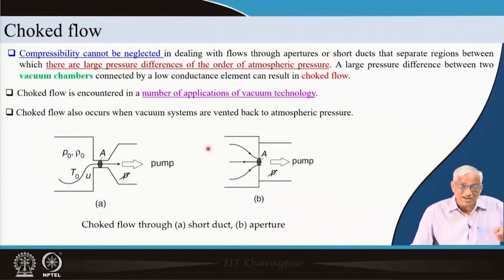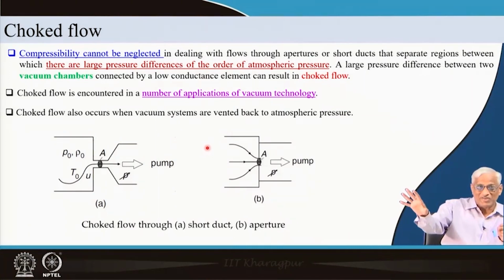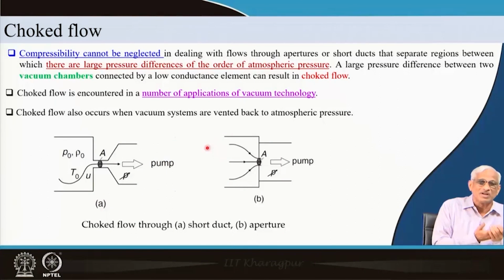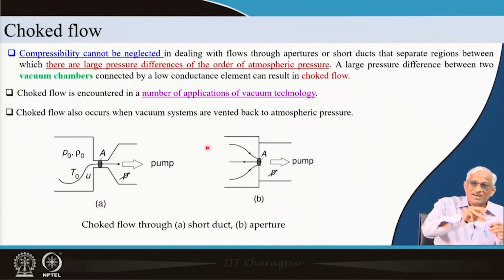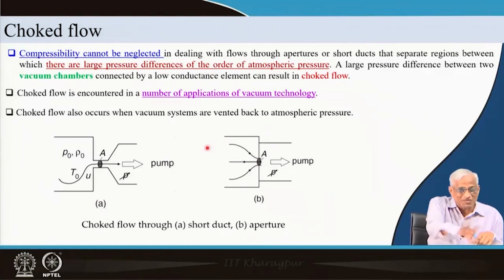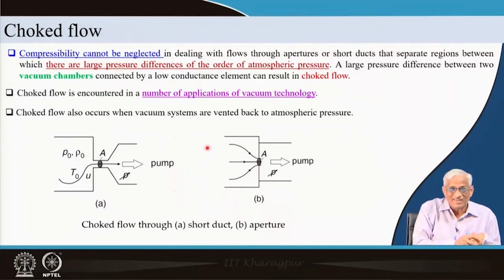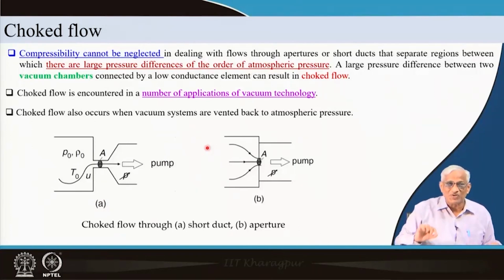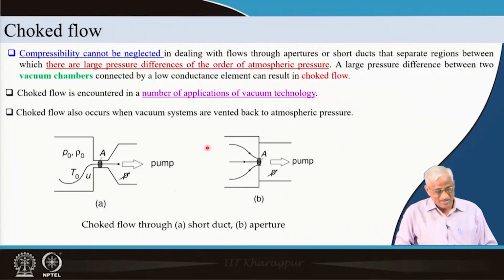You are intentionally entering a gas inlet without disturbing the vacuum. I want to introduce gas. How do you do that? You have to have a valve, but that valve is not a shut off valve or anything. That is a gas inlet valve. It is like a needle valve, okay, very restricted flow. You may enter into choked flow there.